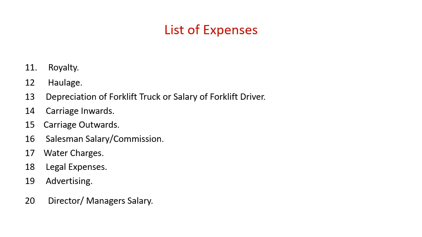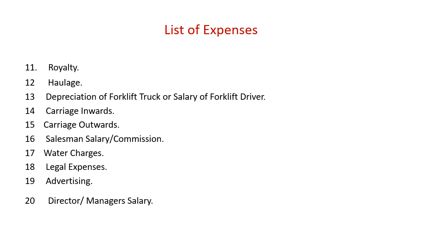Next expenses, royalty. Royalty is paid in 3 types. On the basis of number of units produced, it is production related, so it is factory overhead. On the basis of number of units sold, these are selling and distribution overhead. On the basis of lump sum, these are factory overhead.